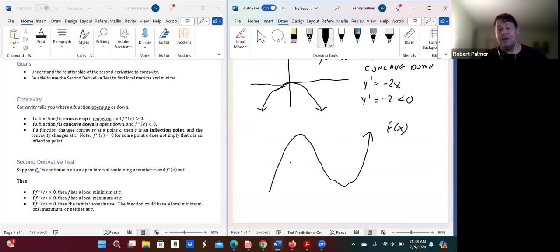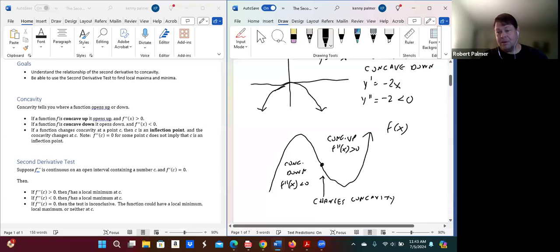Obviously right here, it's concave down. That means the second derivative is negative. And then here, it's concave up. That means the second derivative is positive. So right here is where it changes concavity.